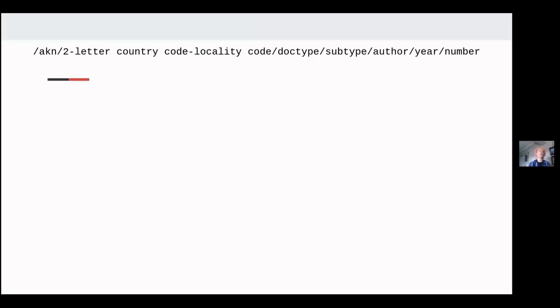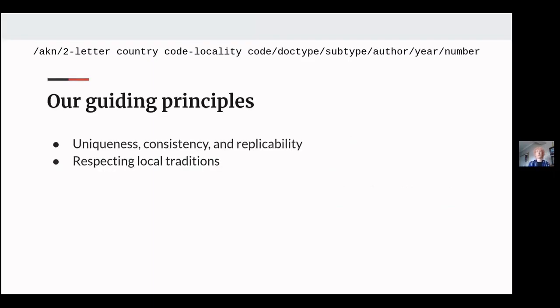So what I'll be doing is just talking through each of the elements of the FRBR URI and pointing out a couple of examples of questions and concerns that we had as we marked up more documents and more document types.